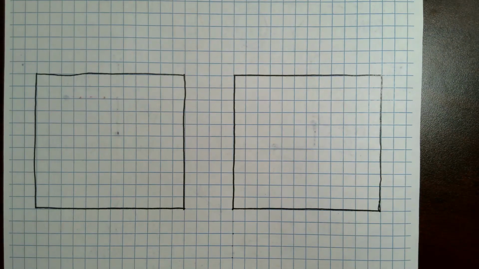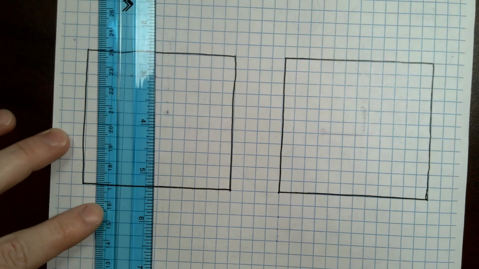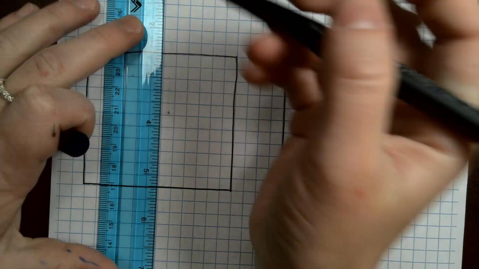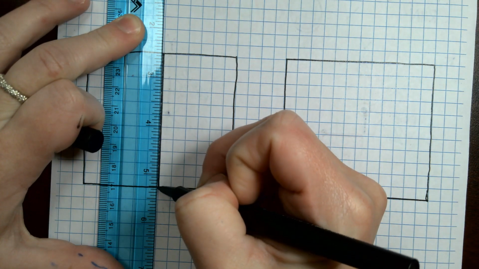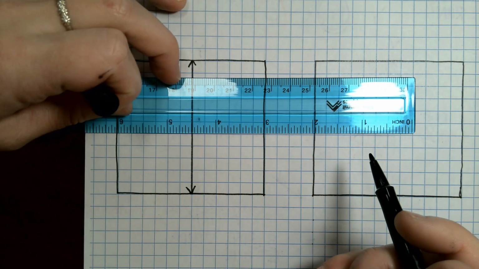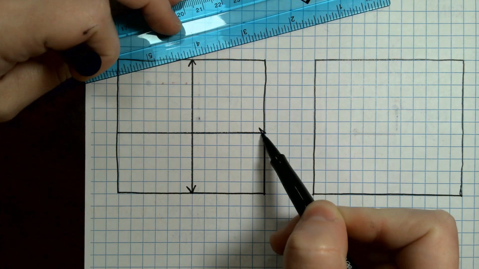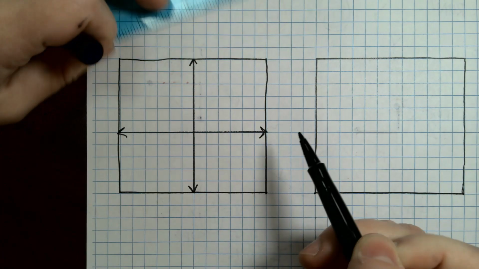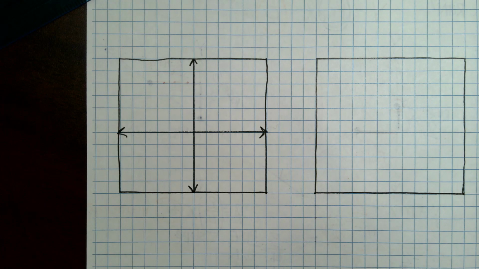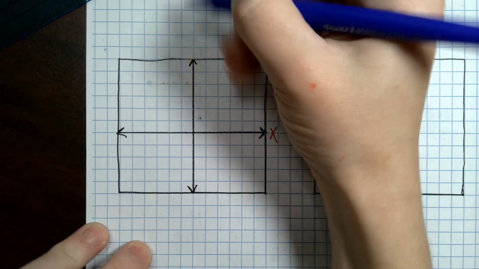So if you need another clean sheet of paper, you're welcome to grab one up at the front. But we're going to start again. Let's go ahead and draw our X and Y axis. That's all right.